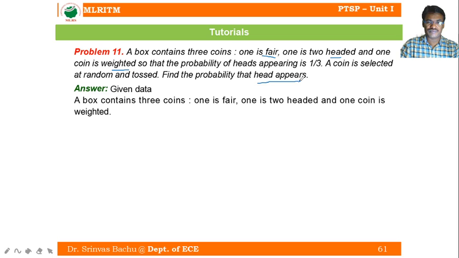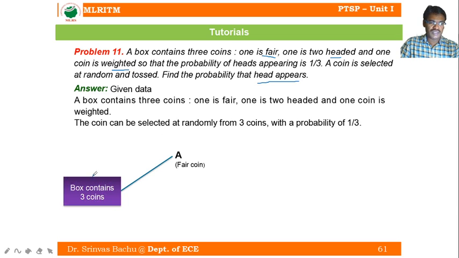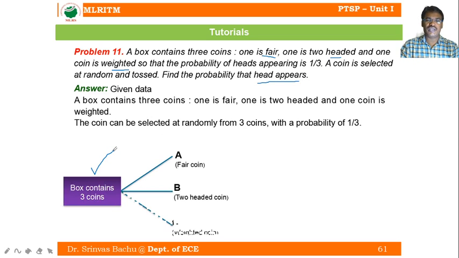Now out of the given data, the box consists of 3 coins. One is a fair coin, one is a two-headed coin, another one is a weighted coin. So these 3 coins are there. 3 coins means the probability of each coin is 1 by 3: 1 of 3, 1 of 3, 1 of 3.